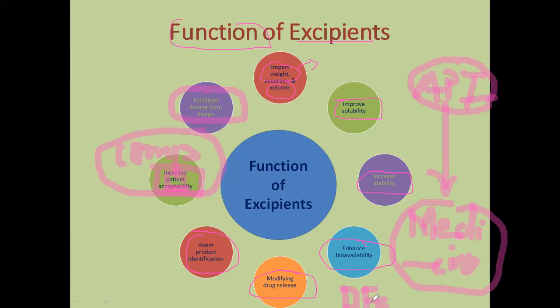Suppose I have a drug called paracetamol. Do you directly give 500 mg of paracetamol to a patient, or 125 mg of paracetamol to children? No. So what we do is add certain excipients. Drug plus excipient will lead to a certain type of dosage form.